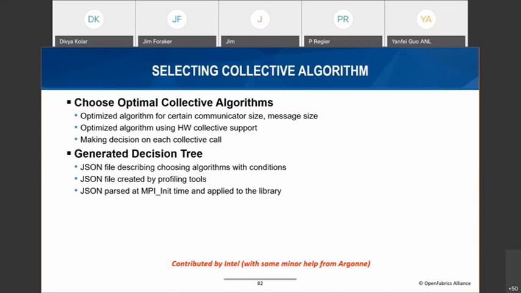The JSON file describes, in different circumstances, for example with different communicator size and message size, or availability of hardware collective support, the thresholds, and based on these thresholds, what kind of collective algorithm should be used in that case. So this can be customized if the user has expert knowledge of how their machine works and how certain algorithms can be beneficial for their application or for their machine.